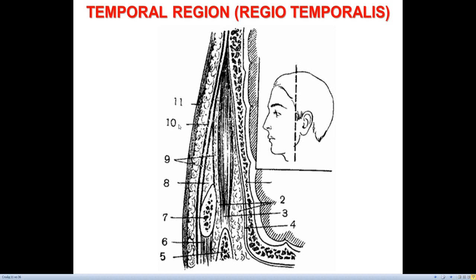Temporal muscle starts from the inferior temporal line, posterior to the zygomatic arch, and continues as a big tendon that attaches to the coronoid process and anterior margin of the inferior jaw, mandibula.